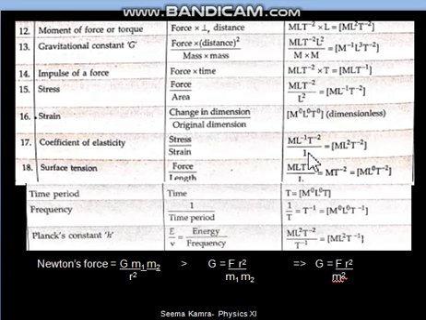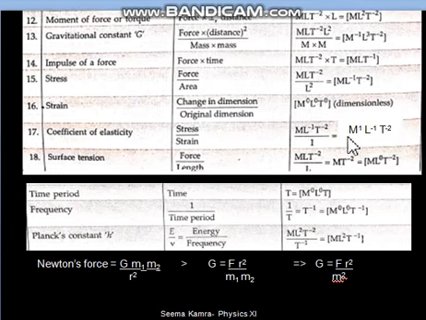So you have to put 1 here. That's why the answer will remain same as stress. So we have corrected this formula. It is now coefficient of elasticity is M1 L minus 1 T minus 2. Answer.